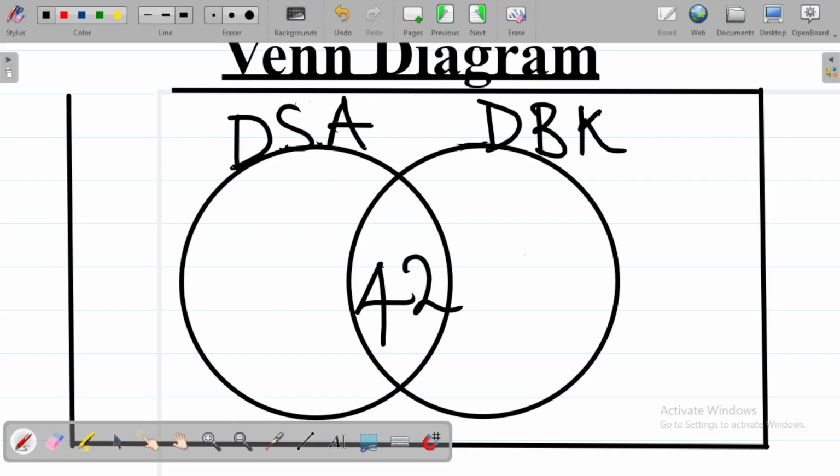So from the question, we are told that the total number of people who believe that David is still alive, which is DSA, is 45. That's to say that the entire first circle, let me shade it.